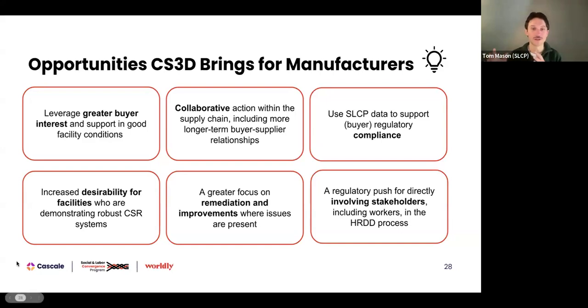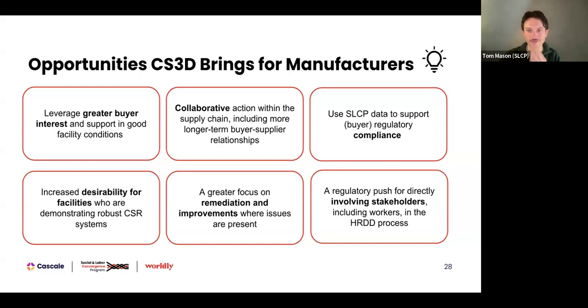This is going to shift, and what we need to do is use things like a common framework like the CAF to do one social assessment, and then a lot of the brand and stakeholder efforts are going to really be put on actual improvement programs, things like trainings and capacity building on specific issues where there are problems. This is where there's going to be a greater focus, and this is something that, with great interest from leading manufacturers, you can create an opportunity to be seen as a front runner.